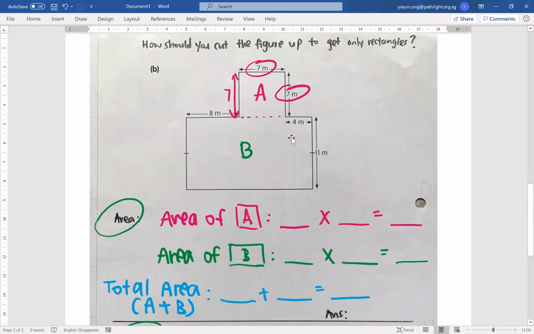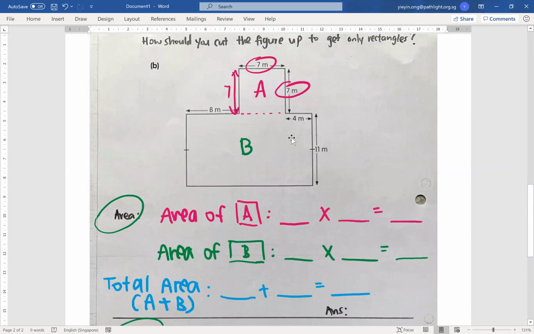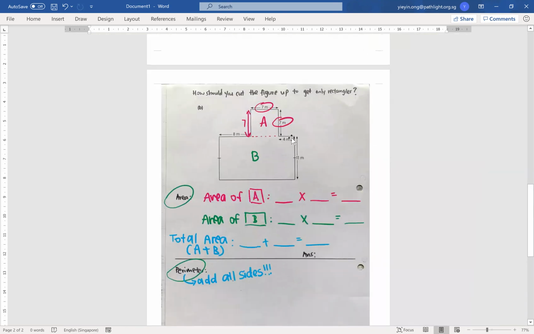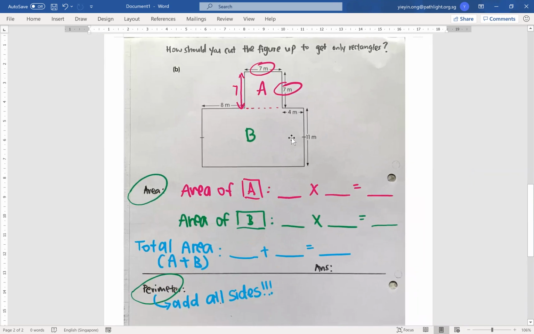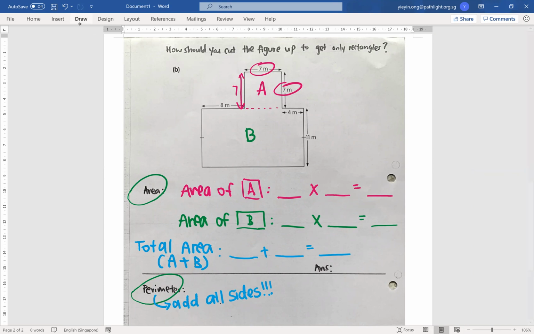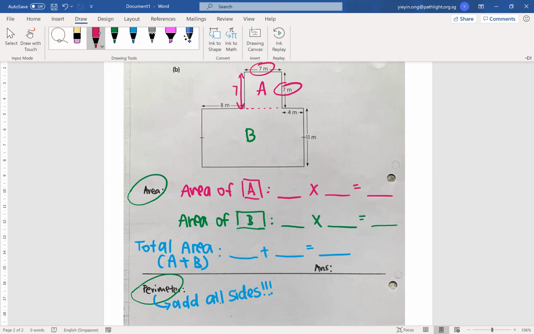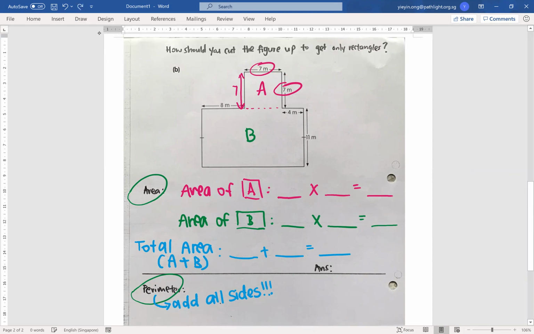We're going to find all the unknown sides together. Okay, so just let you see. Please copy down all the notes so that it's easier for you to do WOMO for part B. So now you can see that we already have the sides of this square A because all sides are equal. So 7, 7, and 7.